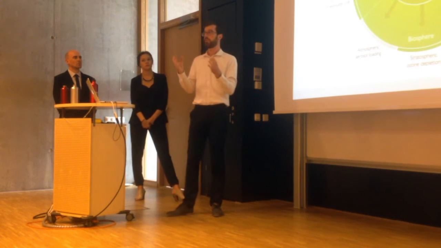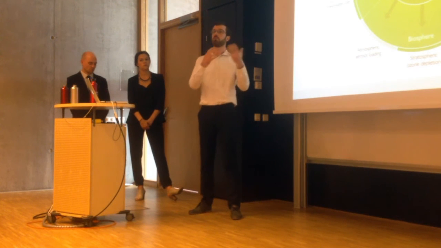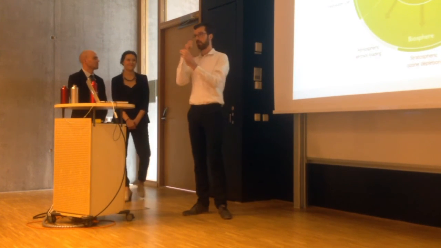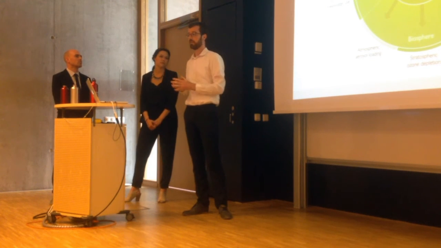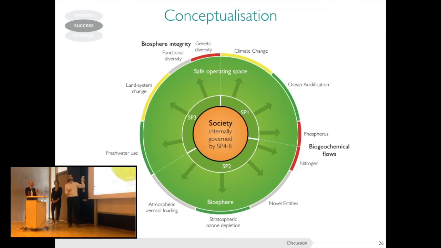So if we were to integrate a definition of success from both frameworks, which one could imply from the idea of the safe operating space, as well as the clear definition of success by the principles, we could merge them to come up with this figure, where society is internally governed by the social sustainability principles, and any of our interaction with the biosphere is governed through the three ecological principles.